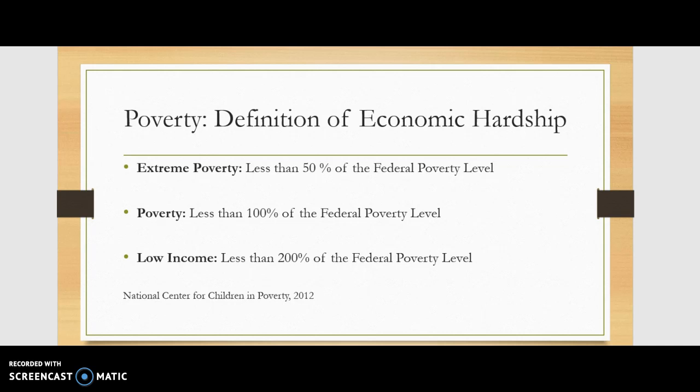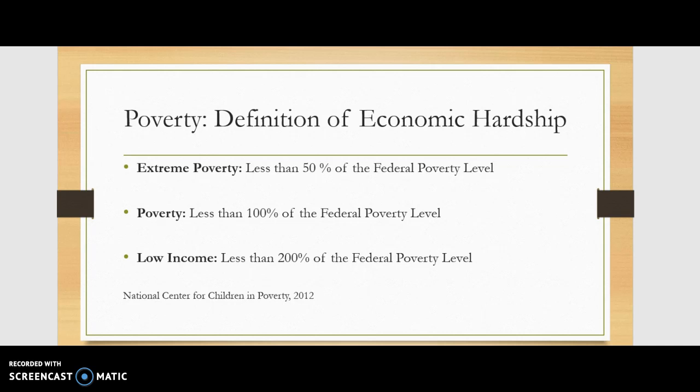In order to make just basic ends meet, a family of 4 with 2 children should be at an income limit of $48,678 a year just to be able to meet those basic needs. So that's double the amount of what a family actually makes.